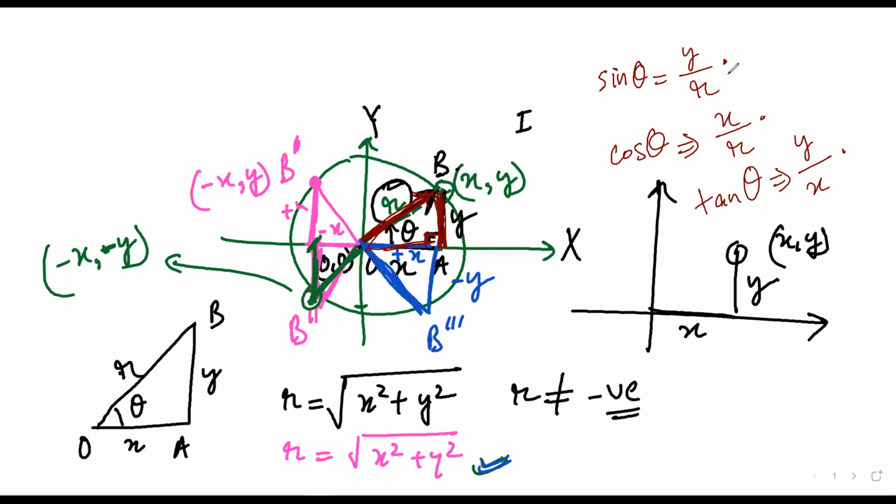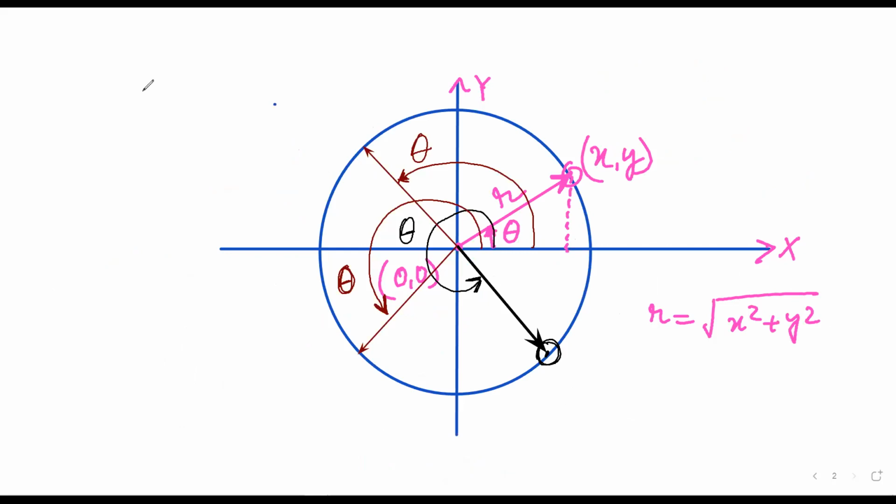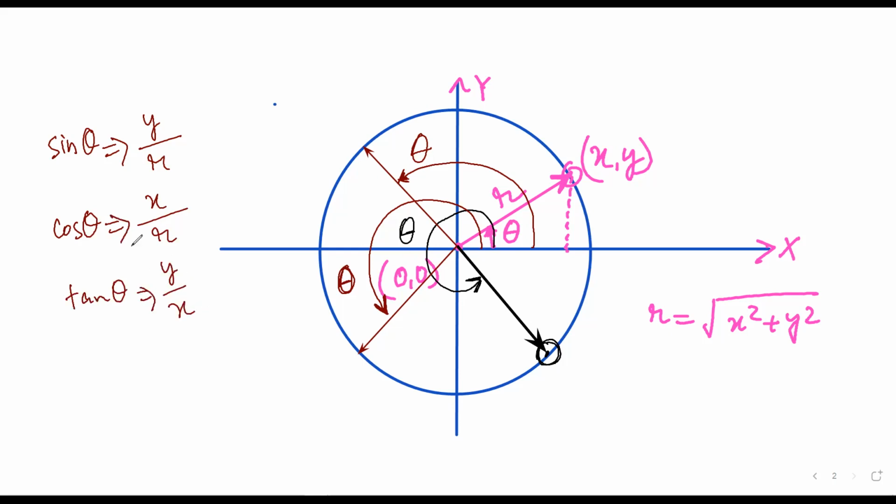No. But one thing which has happened now is that once you define your sine theta as y upon r, your cos theta as x upon r, your tan theta as y upon x, now we have left the shackles of the base, the perpendicular, etc. Because now wherever y is, that is what will help us define our sine theta. Wherever x is, it will define our cos theta. Wherever y and x are, they will help us define tan theta.